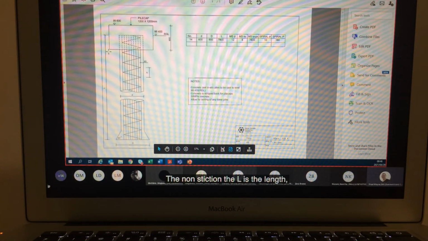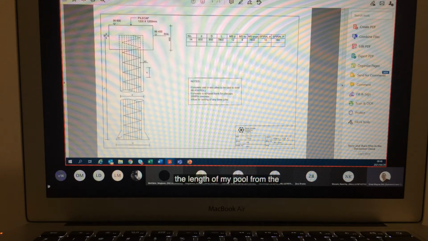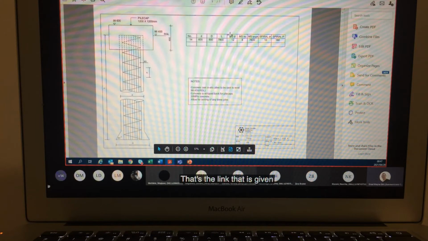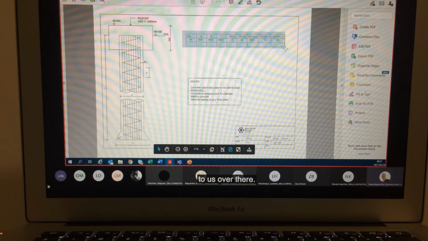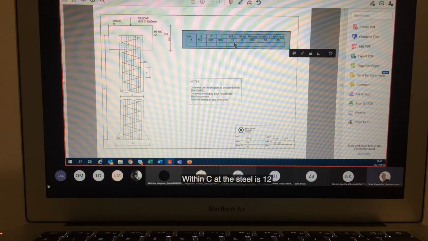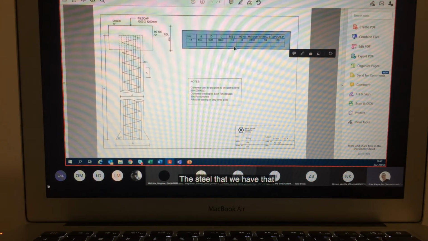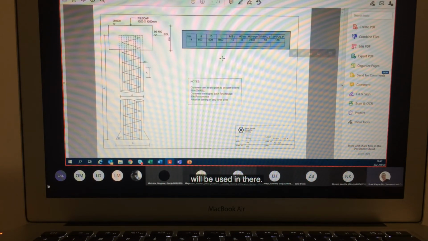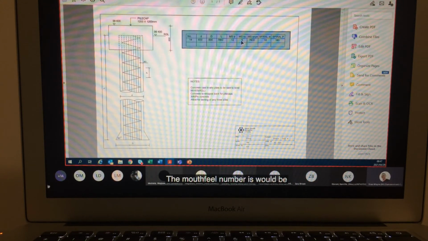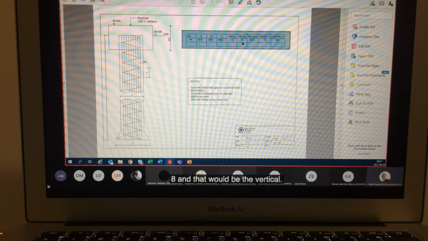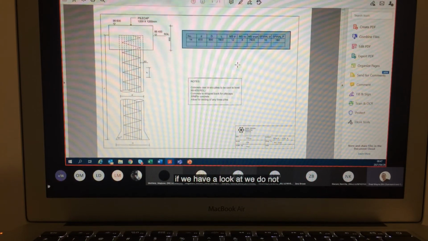L is the length of my pile from the top to the bottom of my pile. That's the length that is given to us over there. We then see that the steel is 12 millimeter diameter mild steel, the steel that will be used in there. The mild steel number would be 8, and that would be the vertical length of the steel.